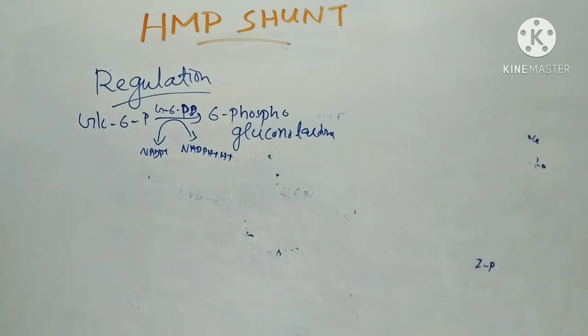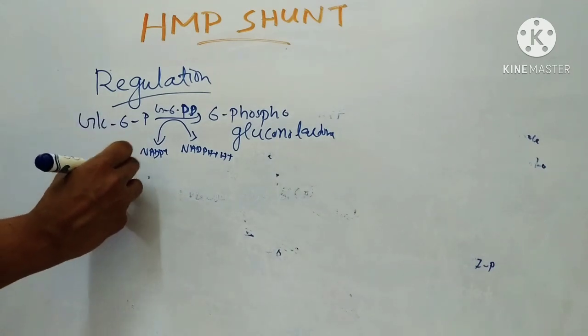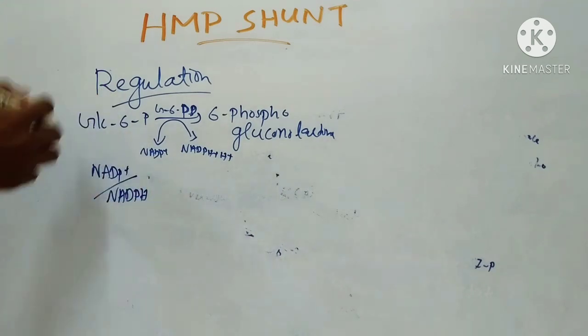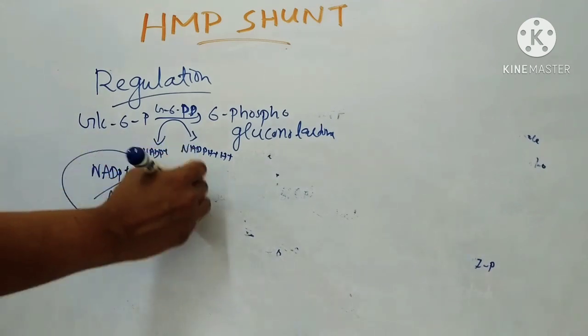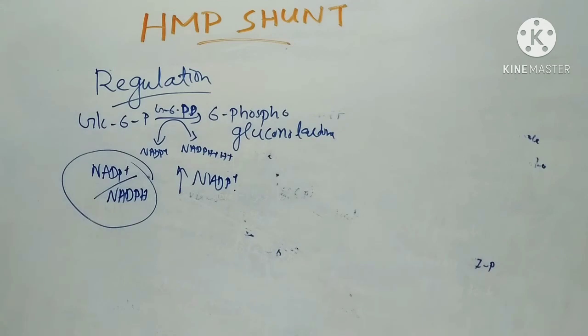This reaction is regulated by the cytoplasmic levels of NADP plus and NADPH, that is the NADP plus to NADPH ratio. If the cytoplasmic ratio is high, that is a rise in NADP plus, it enhances the rate limiting reaction and the shunt pathway.